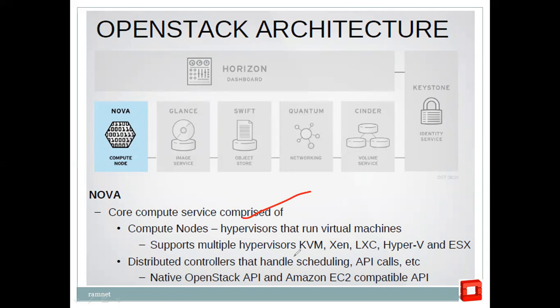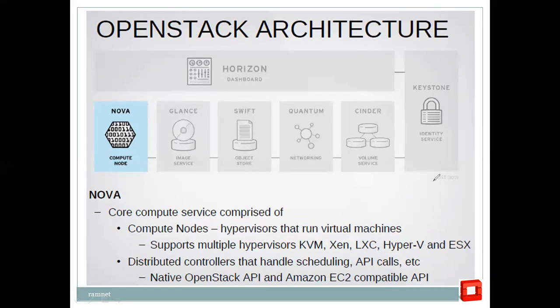It supports hypervisors like KVM, Xen, LXC, Hyper-V, and ESXi, distributed controllers that handle scheduling, API calls, and so on, and the native OpenStack API and an Amazon EC2 compatible API. So Nova is like a hypervisor working like that.